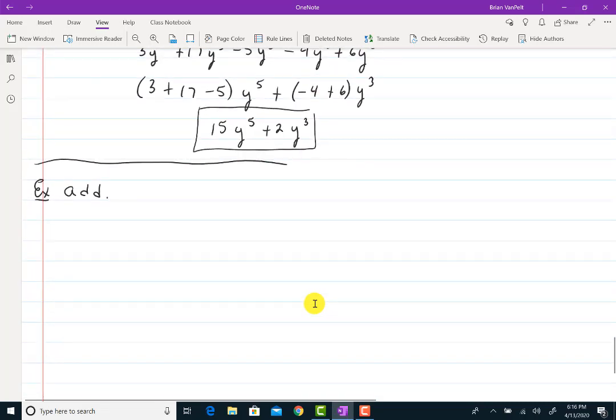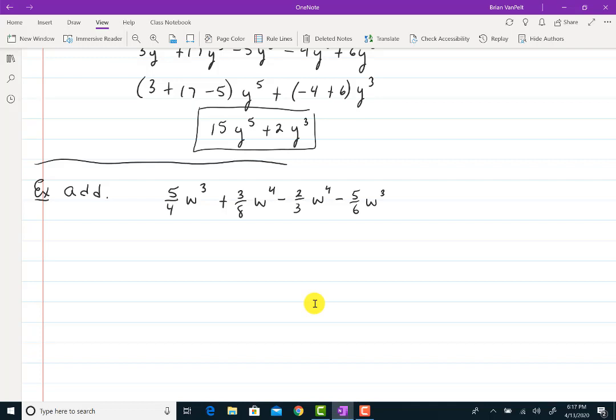This one I have 5/4 w to the third plus 3/8 w to the fourth minus 2/3 w to the fourth minus 5/6 w to the third.